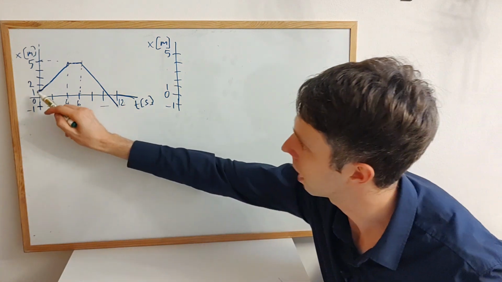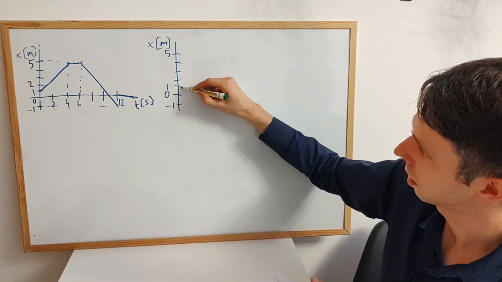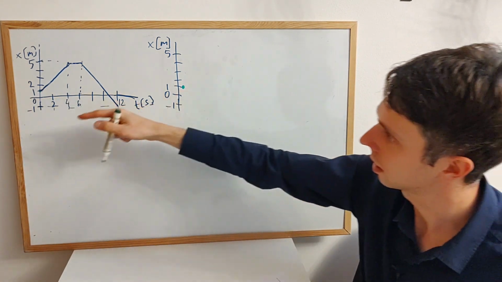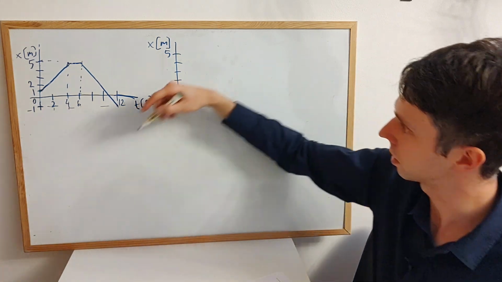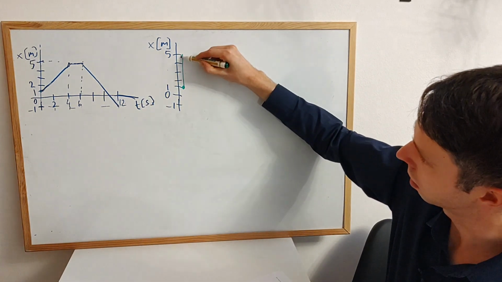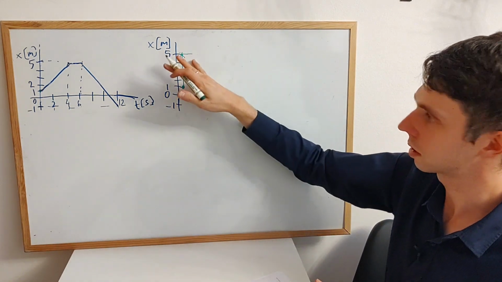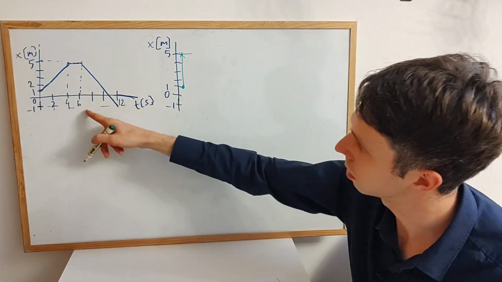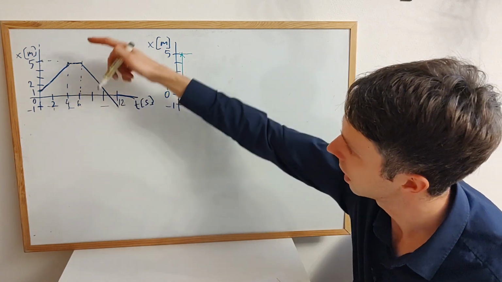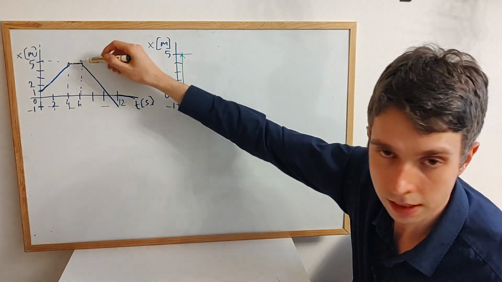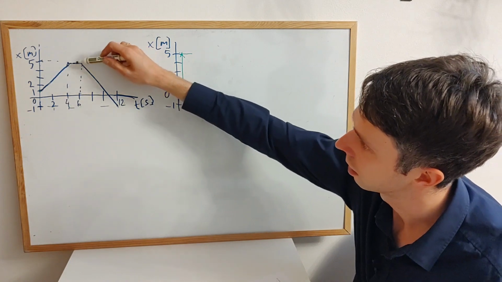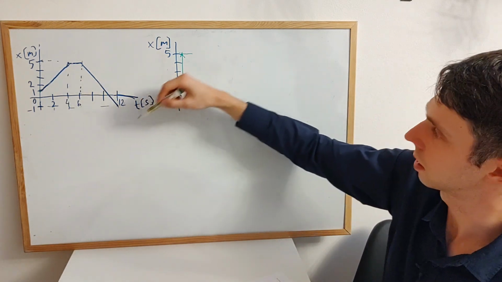So you see our object starts from position 1, and in the first 4 seconds it moves to position 5, then it just stays here for 2 seconds, and then it moves in a way that x decreases from 5 to 4, 3, and so on.